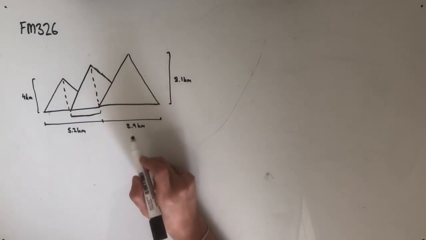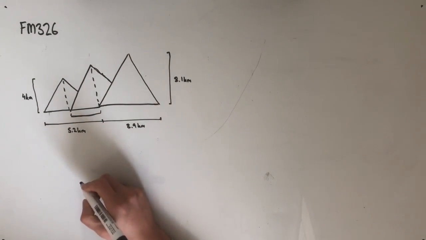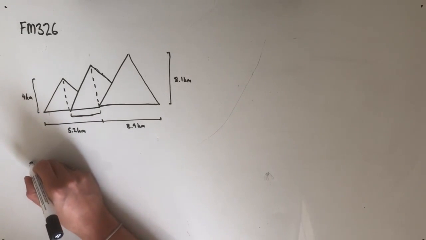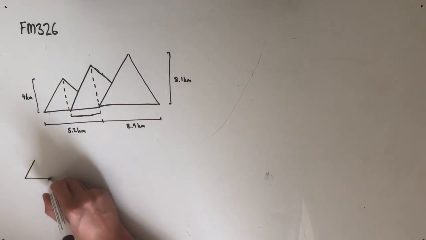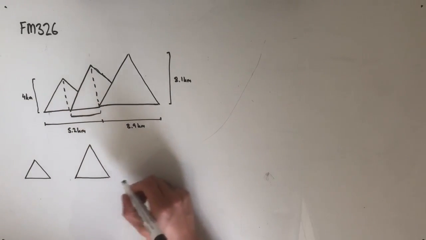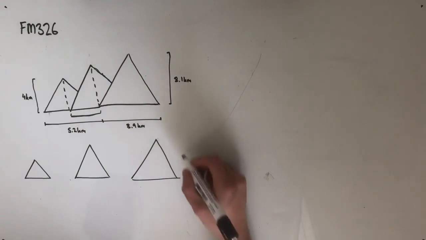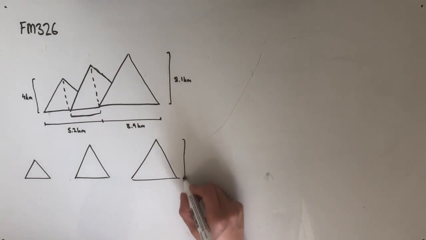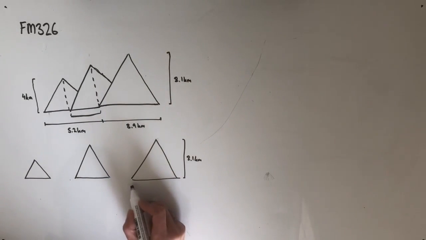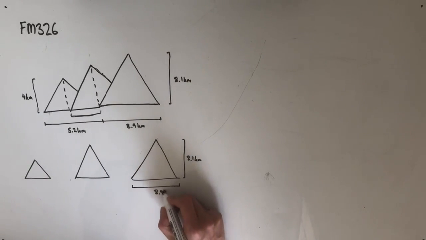So the first thing I'm going to do with this question is break down these three triangles and represent what we know about each of them. That way we can maybe figure out how we're going to get to this answer. Laying them out from smallest to largest, our largest mountain has a height of 8.1 kilometers and a base length of 8.9 kilometers.